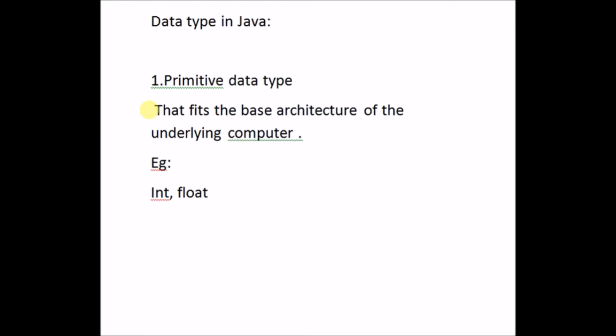And then what is the non-primitive data type? A non-primitive data type is a data type, such as an array or class, which is not fitable into the base architecture of computers, like a string or array.